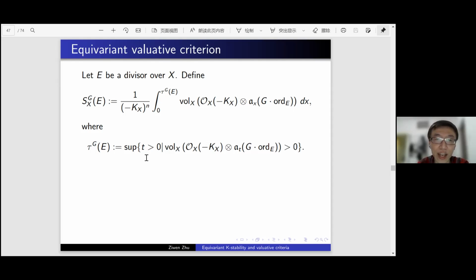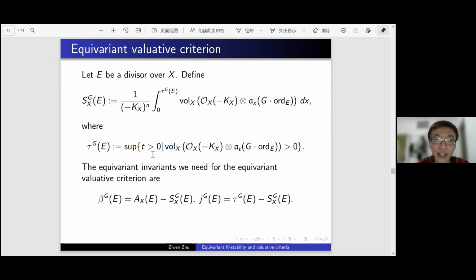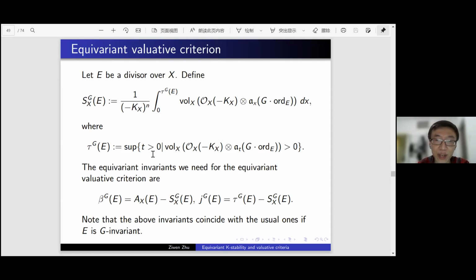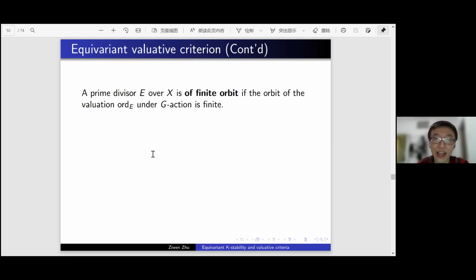We still have the equivariant pseudo-effective threshold, and we can form the equivariant beta invariant and J invariant as well. Then everything is parallel. I also want to note that if the divisor itself is G-invariant, then we recover the original notion from the usual valuative criterion.